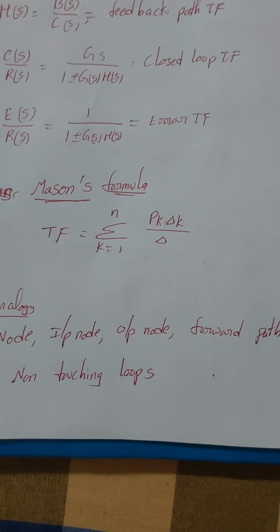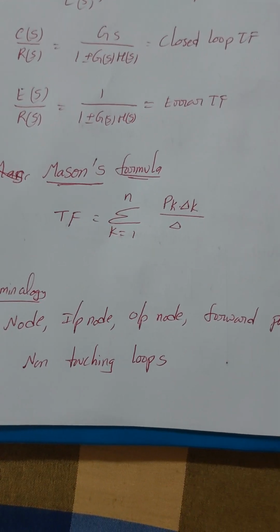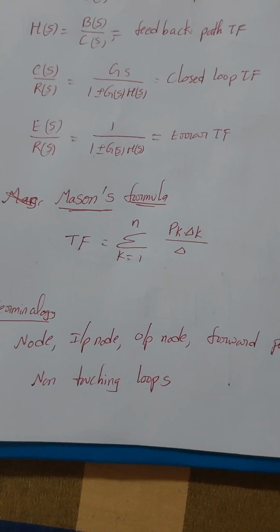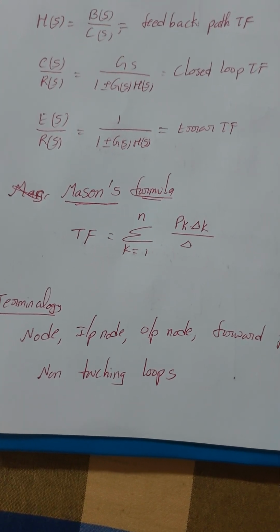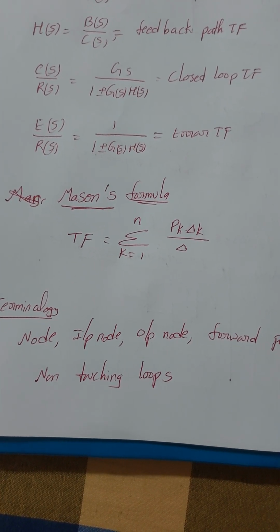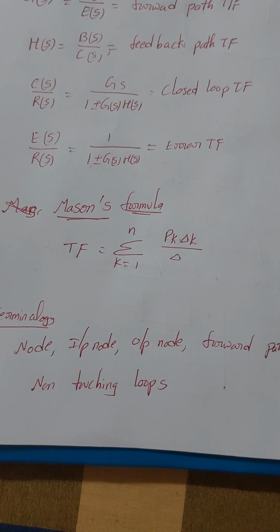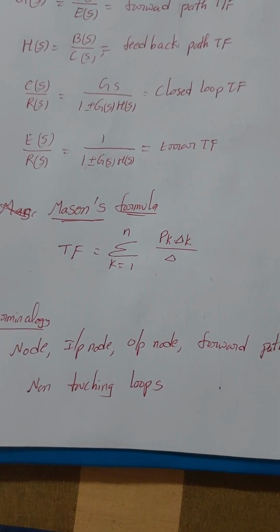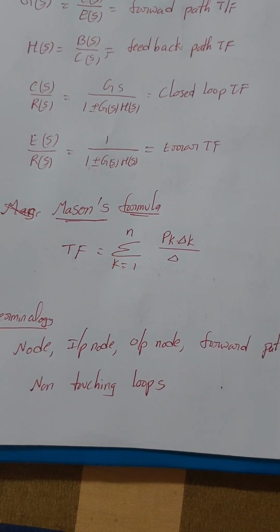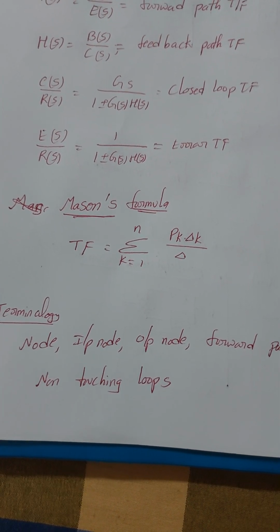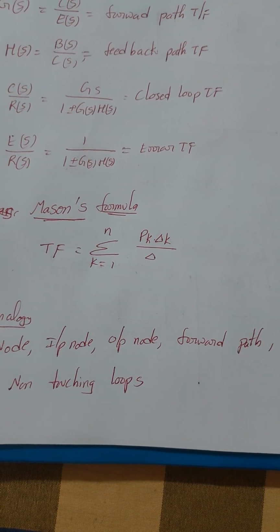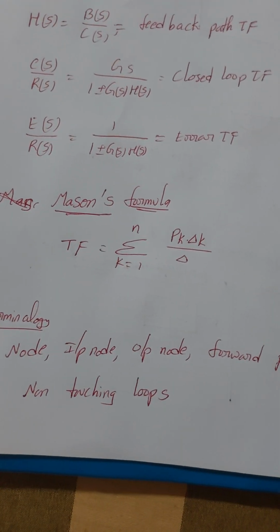Delta k is the determinant of the kth forward path, equal to 1 minus the sum of all individual loop gains that are non-touching to the kth forward path plus the sum of products of two non-touching loop gains that are not touching the kth forward path. That is the representation in Mason's formula.